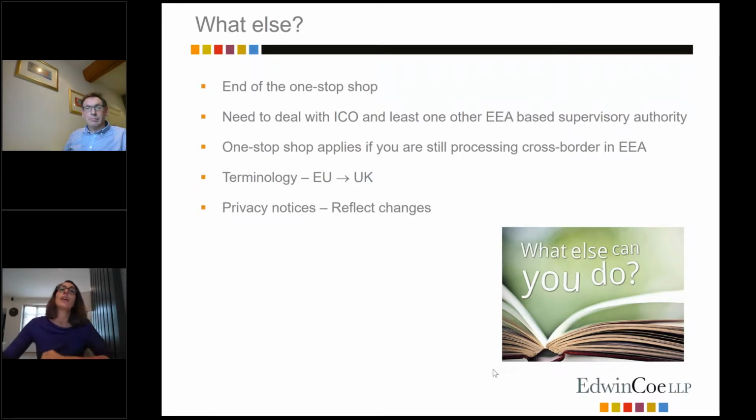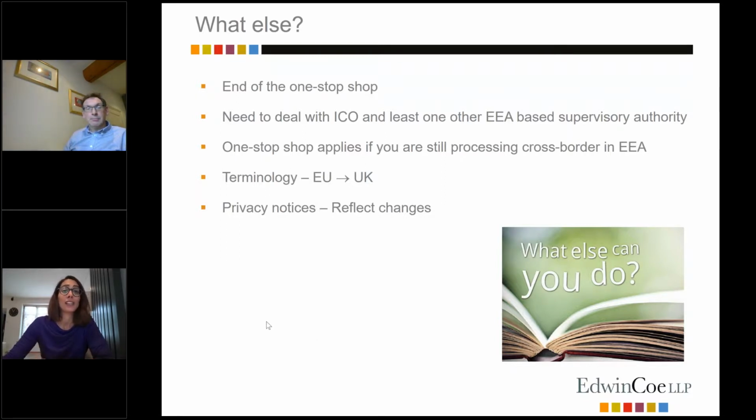So if you're currently carrying out cross-border processing, that is, you have an establishment in the UK and another EEA member state, then at present you will be benefiting from the one-stop shop. This means ultimately you are only investigated by one supervisory authority for any infringement or breaches of the GDPR, and would be issued with one fine across the EU for any enforcement action taken.